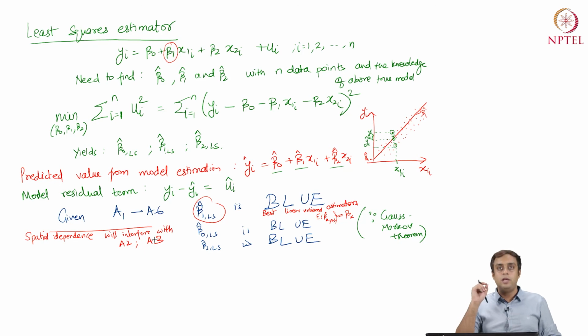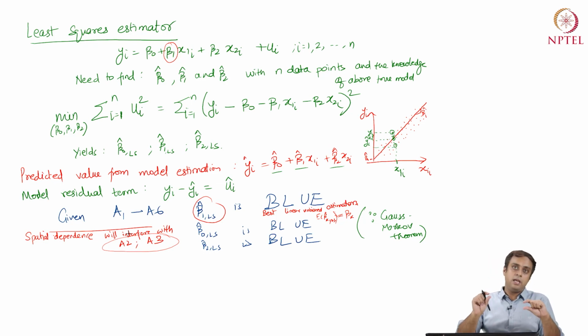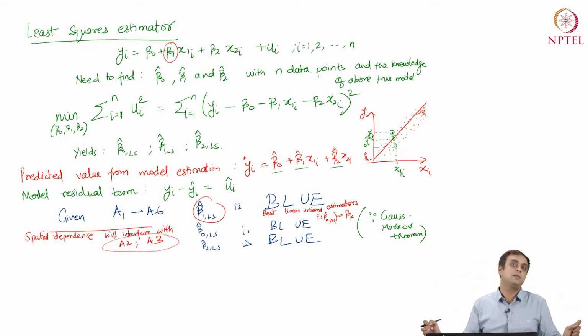Going forward, we are first going to introduce spatial dependence or spatial regression in the next lecture, and then using this recap, we are going to relax the two assumptions, A2 and A3, and figure out how we can estimate these models even when there is spatial dependence, which interferes with the assumptions of the least squares estimator, making it not a best linear unbiased estimator.